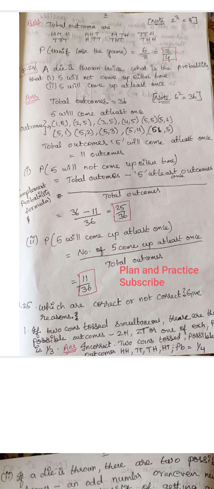So the probability that Hanif loses the game is equal to 6 by a total of 8. Losing the game means without 3 heads and 3 tails, we have 6 outcomes. That is, the probability of Hanif losing the game is 6 by 8.